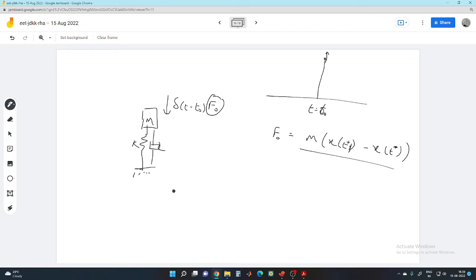So in that case, if we take the Fourier transform, the an and bn values actually become 1. Actually, one of them becomes 0, one of them becomes 1, depending on whatever happens.